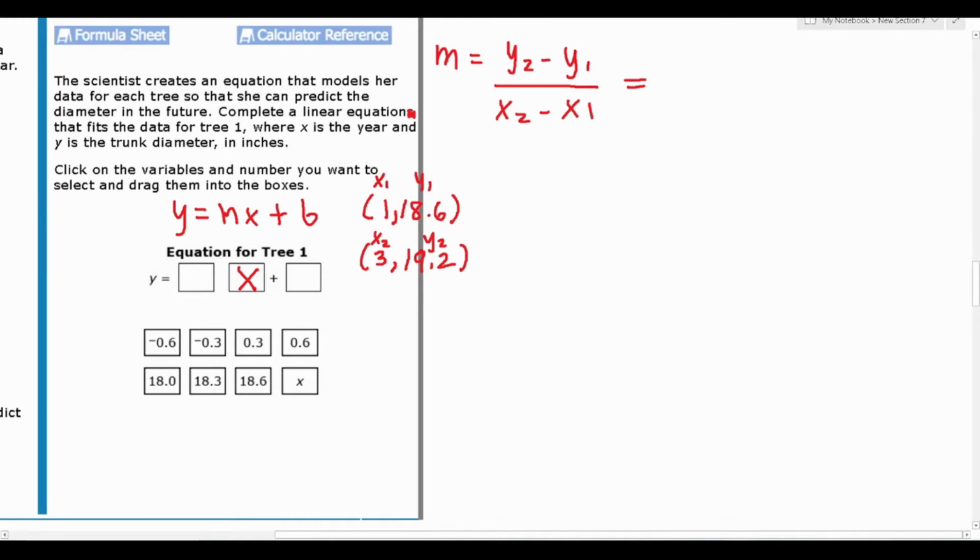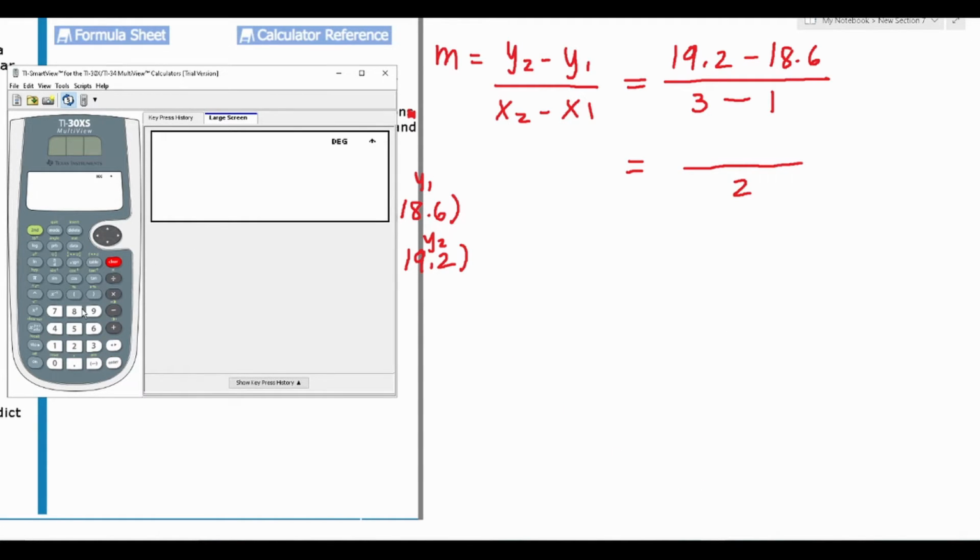So in place of y2 in our equation, we're going to put 19.2 minus y1, which is right here, that's 18.6, all over x2, which is right here, 3 minus x1, which is right here, and that's 1. We can work out the denominator pretty quickly. 3 minus 1 is 2. And we'll use the calculator to work out our numerator.